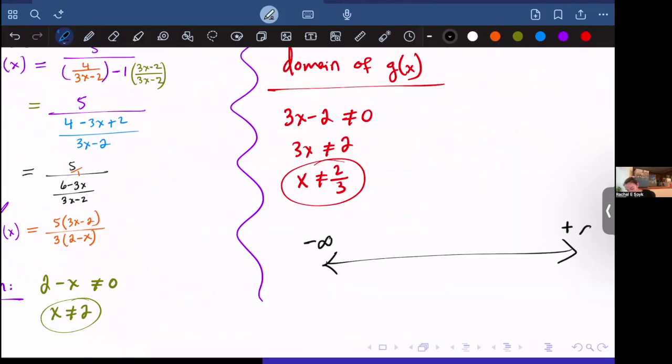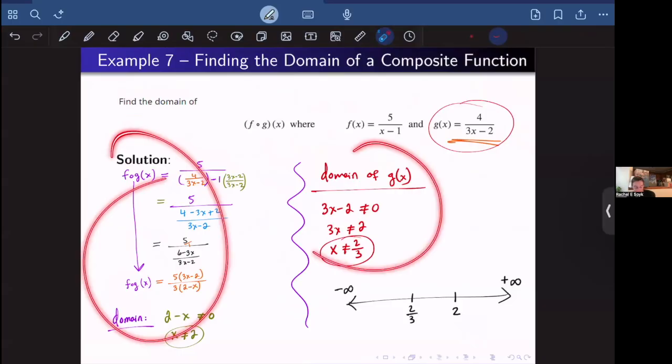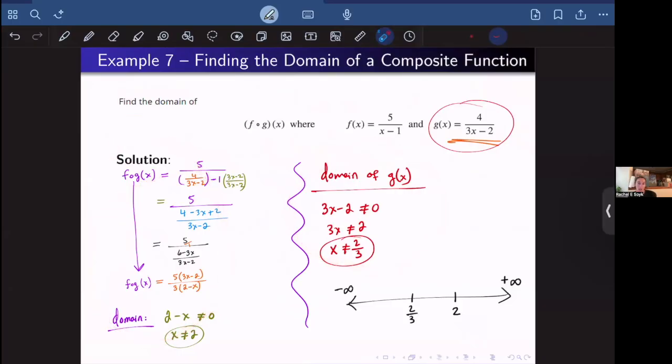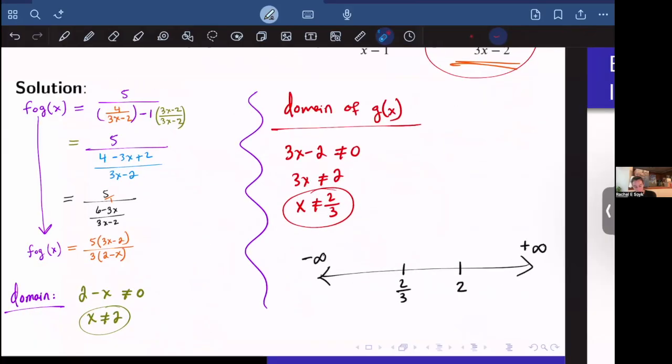So when we're looking at our overall domain of our composition function, it's the intersection between these two domains. And the intersection is simply the overlap of the two, and that means all real numbers except these two specific points, these two values.